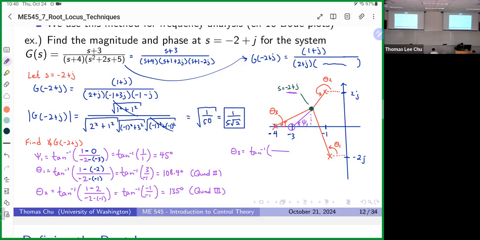So it's going to be 1 minus 0, and then -2 minus -4, and we get arctan of 1/2, which is equal to 26.6 degrees. Oh, sorry. This is not 135. It's 45 plus 180, which is 225 degrees.